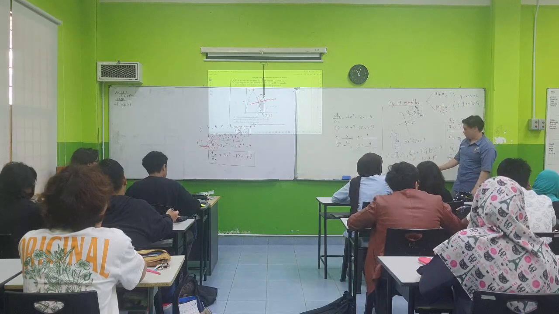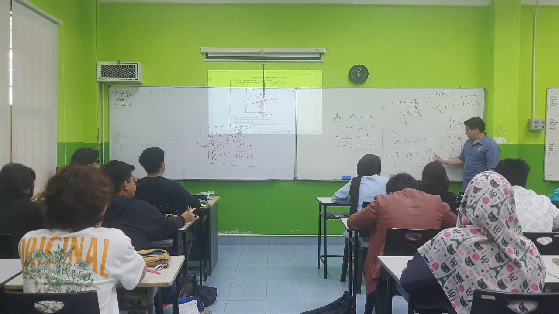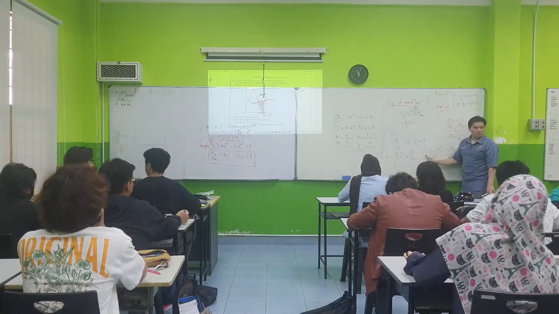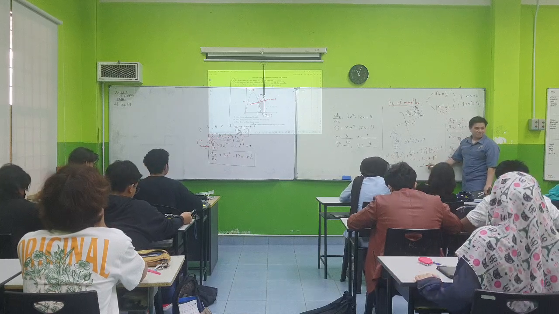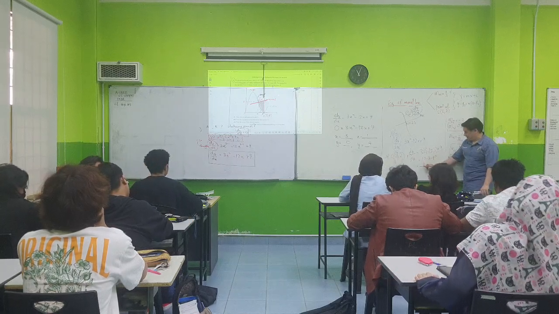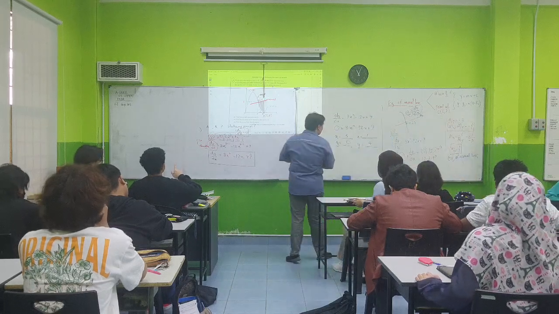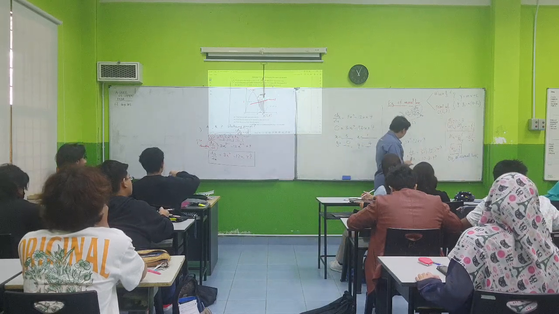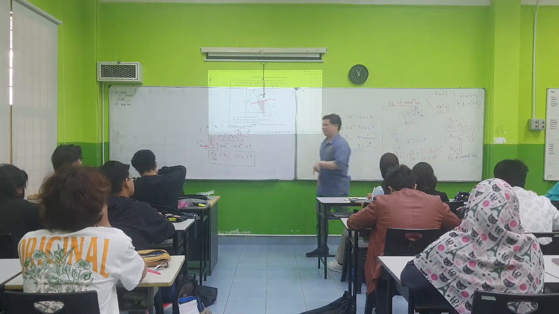How do you get negative 2? This is 24, this is 3 times 4. 12 minus 24 plus 9. It's not negative 2. I'm the one doing it wrongly. You all got the same answer, right?